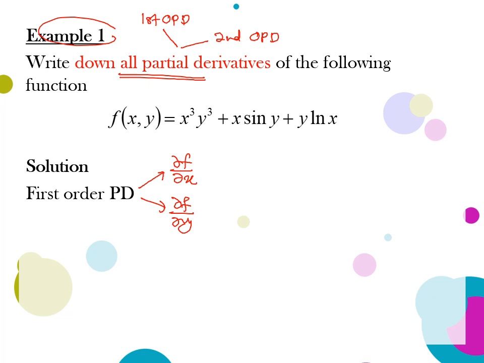Now we will differentiate function f with respect to x, which is our first variable. Since we choose to differentiate our function partially with respect to x only, we will treat y as a constant. Where is variable x? We have x here, and we have ln x.